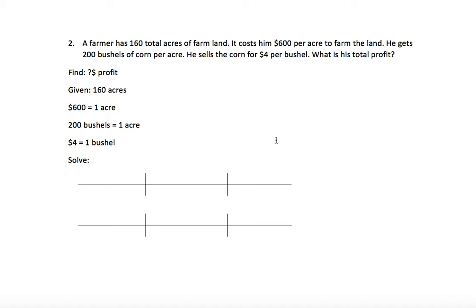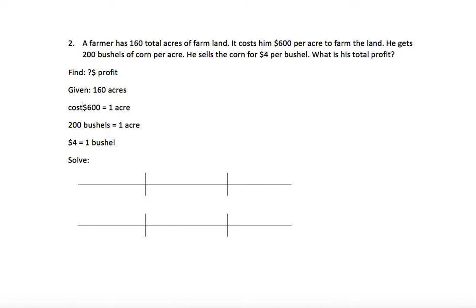We need to know the revenue and the cost. The revenue meaning what they sell it for. So the 160 acres is neither cost nor revenue. That's information we need in there. But the $600 to farm an acre, that is a cost.